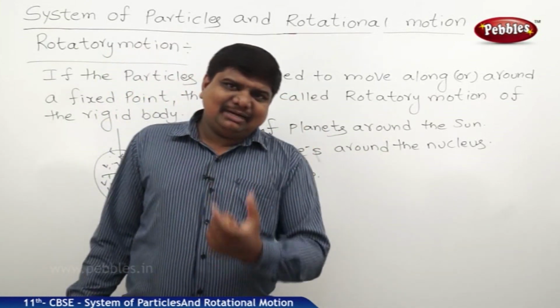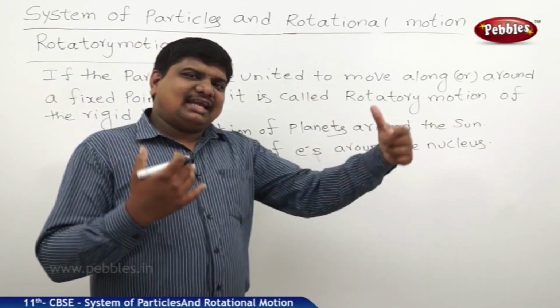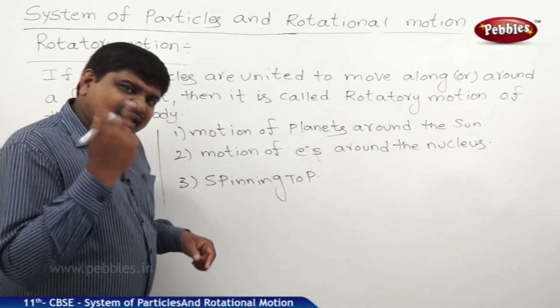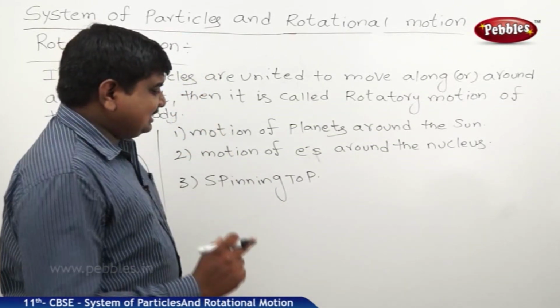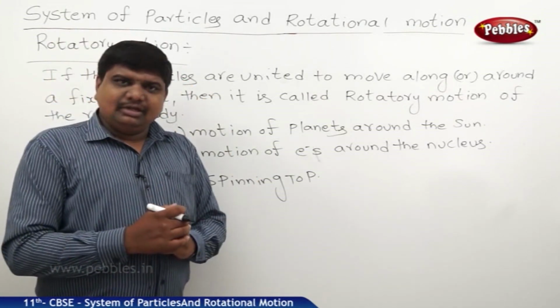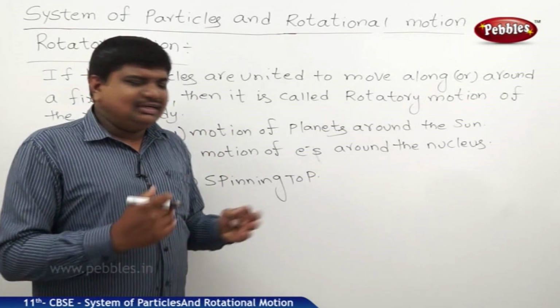These are all linear kinematics because the body is moving in a straight horizontal line. But in case of rotating, it is moving around a fixed point. For that case, we should say rotational kinematics. So what are those rotational kinematics? We will discuss one by one.